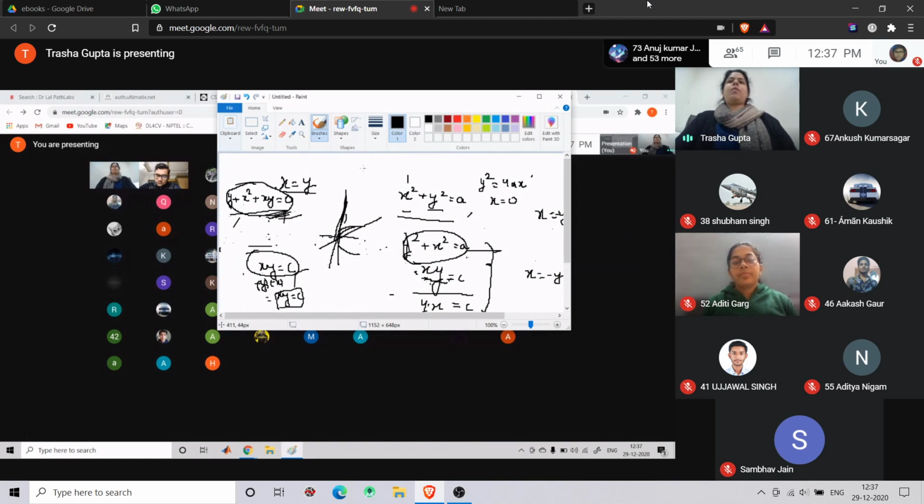Similarly, for x square is equal to 4ay, है ना? Is it fine? Yes, ma'am. इसमें क्या होगा? What is the tangent at origin? Tangent to the curve y equals to 0.